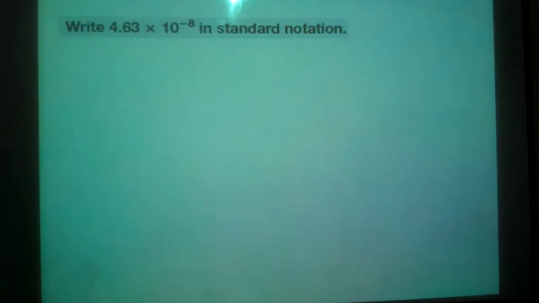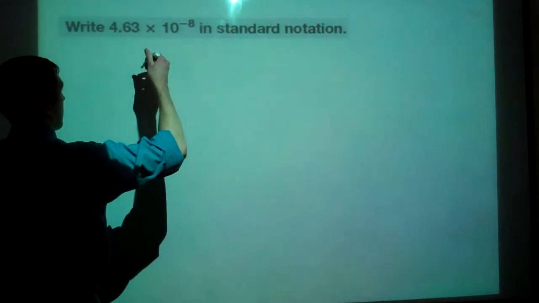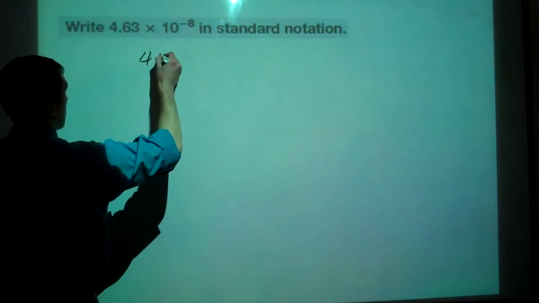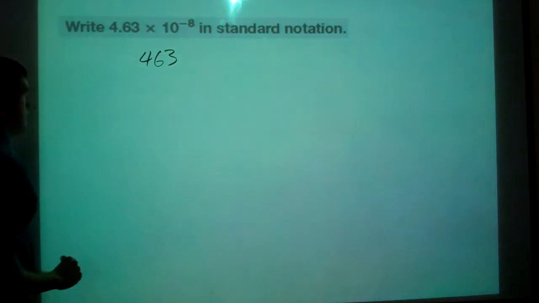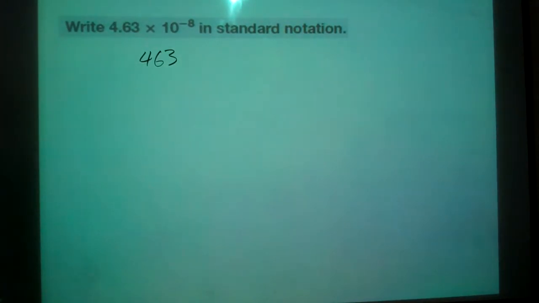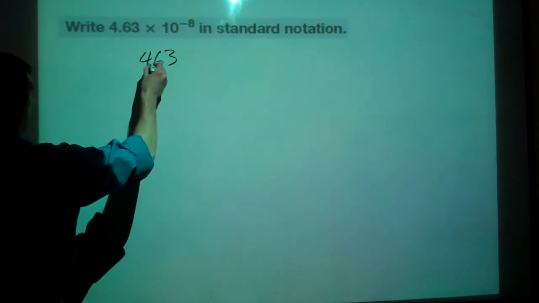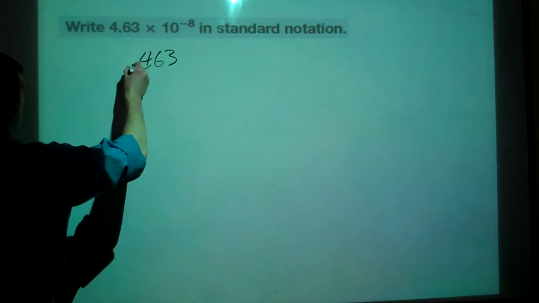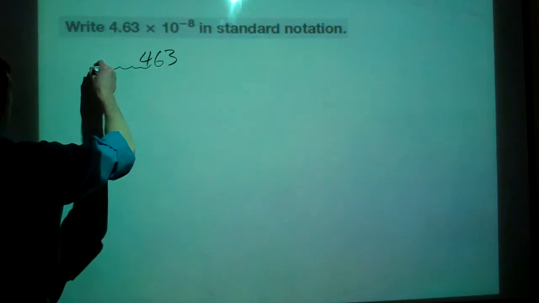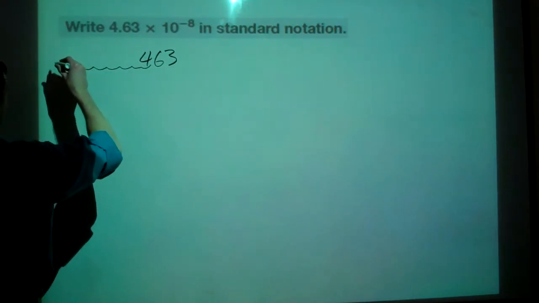Alright, so let's take a look at a couple here. If we want to write 4.63 times 10 to the negative 8 in standard notation, we first have to look at our exponent. And we should see that it is negative, so we're going to move it 8 spots to the left. So we're going to go 1, 2, 3, 4, 5, 6, 7, 8.